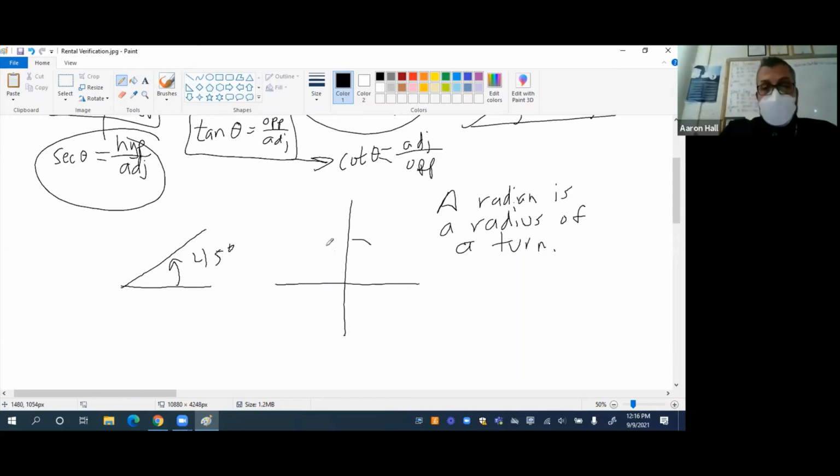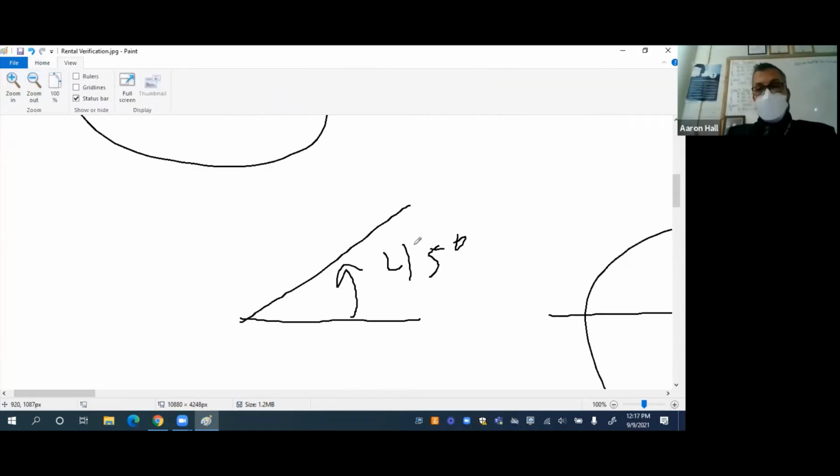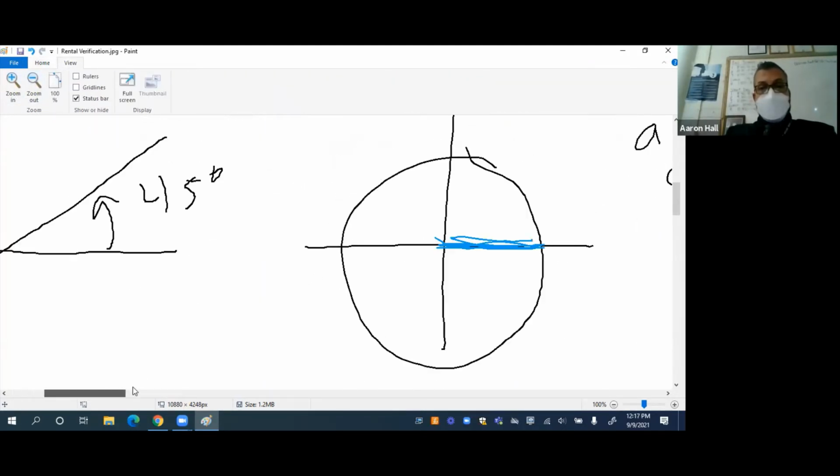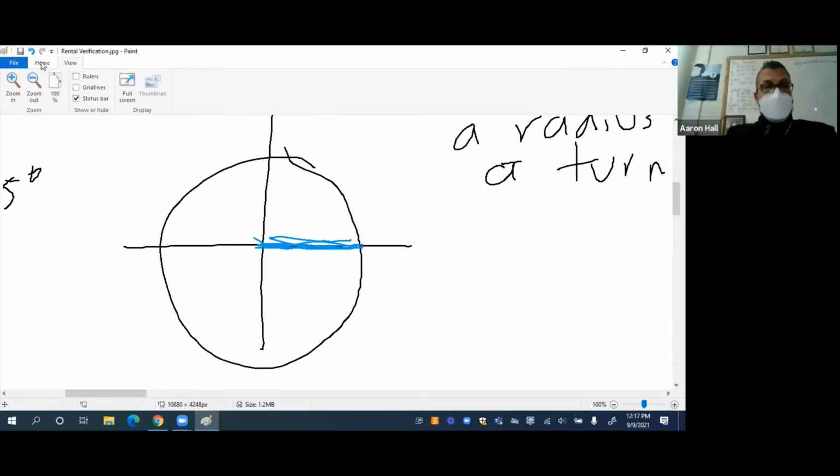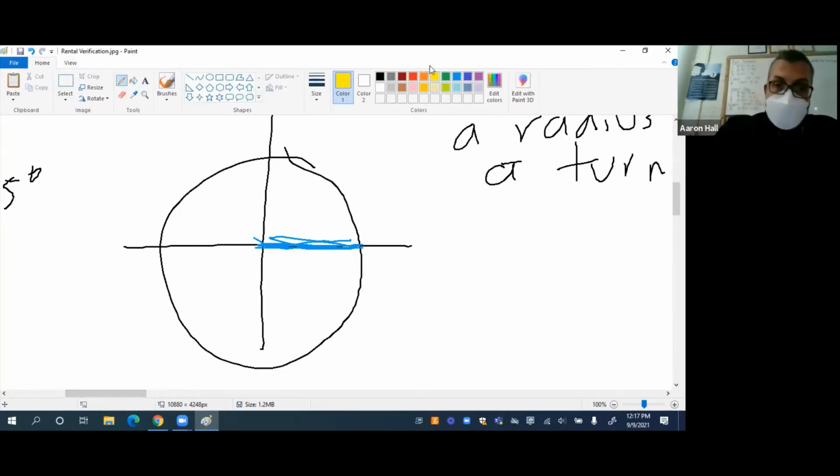So we have our circle here. Here is my radius right here. And I want to know how many radiuses of a turn a half circle is. So I'm going to zoom in on this. I'm going to take that length of 1 radius, and I'm going to measure it here.